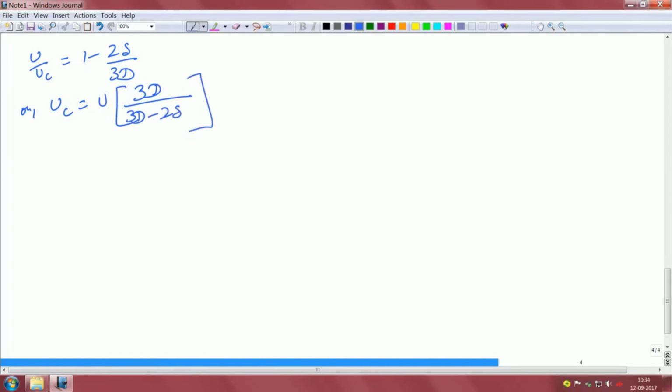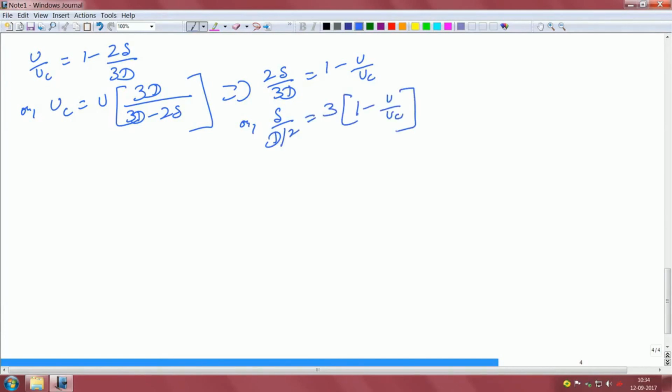Or in other words, from here you get 2 delta by 3d into 1 minus u by uc, or delta by d by 2 is 3 into 1 minus u by uc.